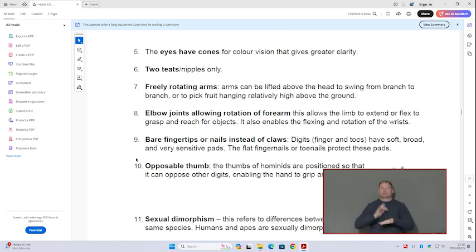Then we have the 10th characteristic that we share, which is an opposable thumb. We all know what is an opposable thumb. Again, we have 5 fingers, 4 is facing up, and then the 5th one, which is the thumb, is facing in an opposite direction. So we call it an opposable thumb.